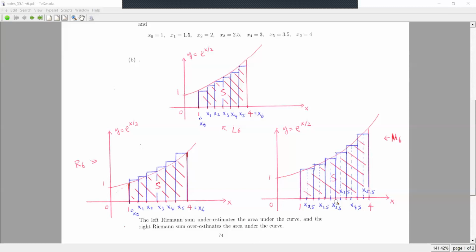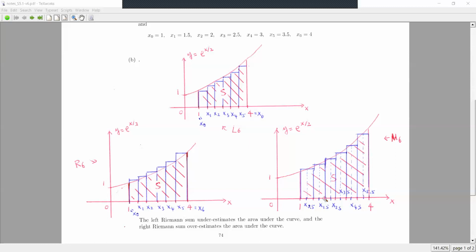Over the third subinterval, the left endpoint is x2 and the right endpoint is x3. So for the midpoint, it makes sense to use x2.5 to denote the midpoint of the third rectangle. Then what is the value of x2.5?